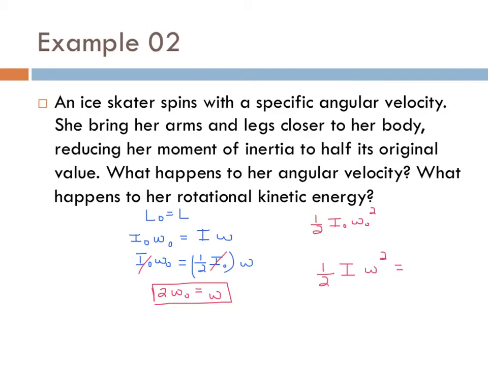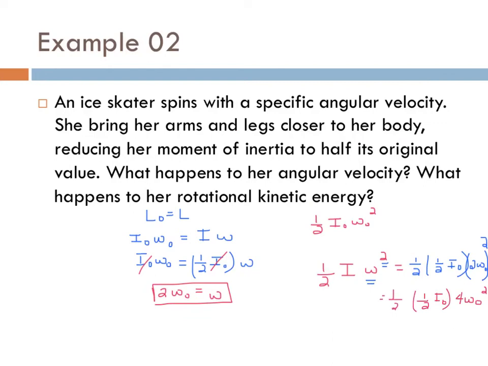Now, we just said that her moment of inertia is half of what it was originally. Now, the thing is that this omega is actually being squared. So here we have four omega naught squared, 1/2 I omega, and then the 1/2 was already there.